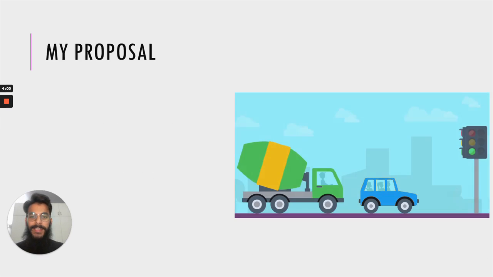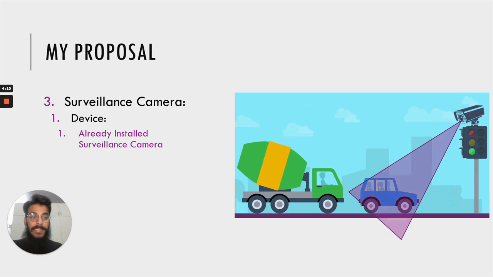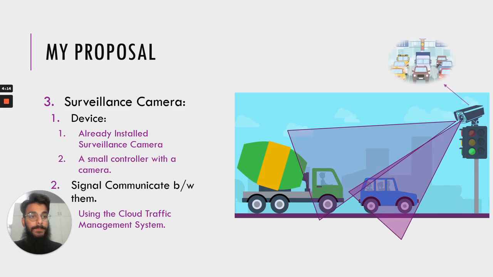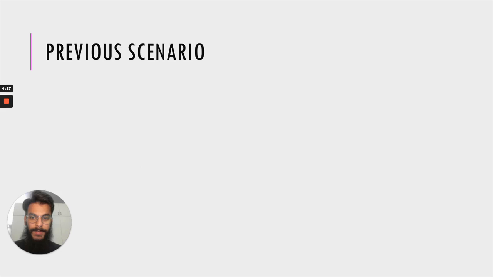So my proposal is to use the surveillance camera, which is already installed on the top side of the traffic signal, as you can see. The camera will take pictures and send them to the traffic management system, which will calculate the suitable time for this signal, for this lane, and notify the traffic signal.